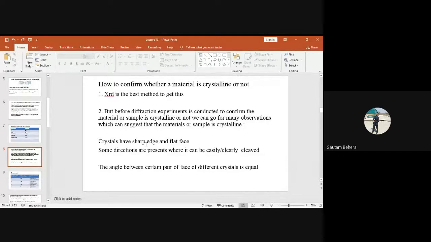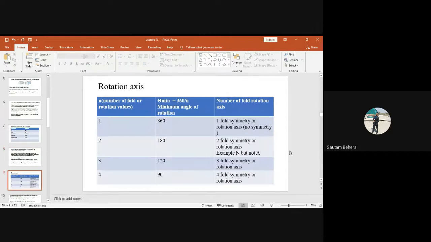But that may also remain in amorphous form. That is very interesting. Some directions are present where it can be easily or clearly cleaved, meaning it can be broken into pieces easily along certain directions, or crystallographic directions. So these are the points.